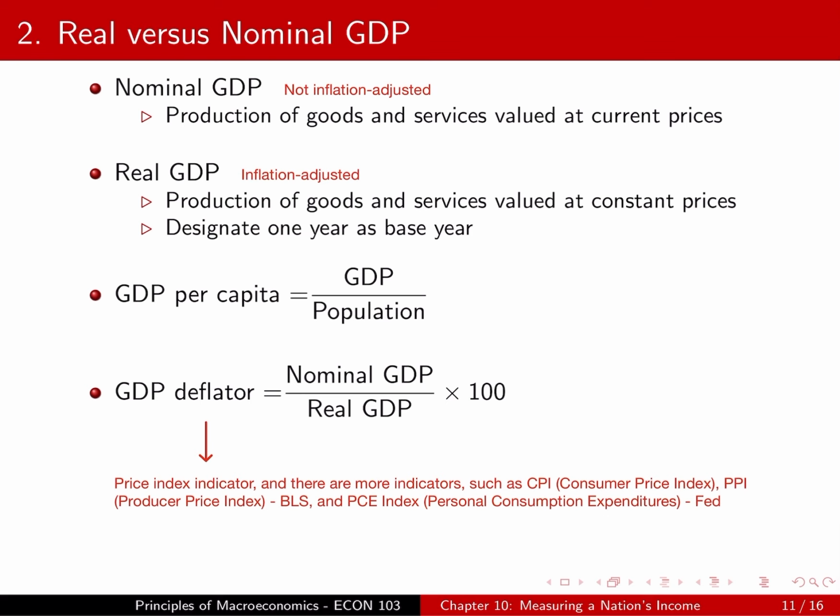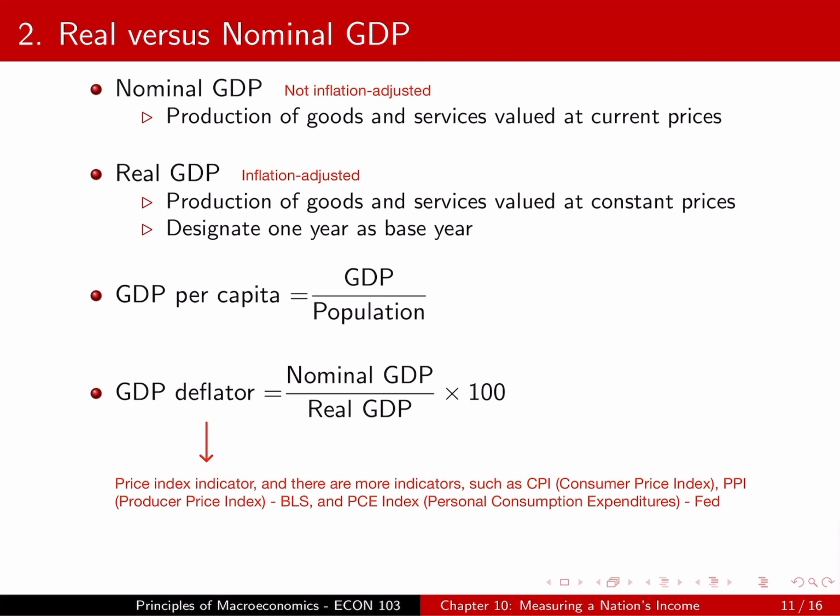GDP deflator is a measure of price index indicator. Essentially, you take the nominal GDP, divide by the real GDP, and then multiply by 100. The GDP deflator is one of several price index indicators used to measure inflation and changes in the overall price level of the economy.